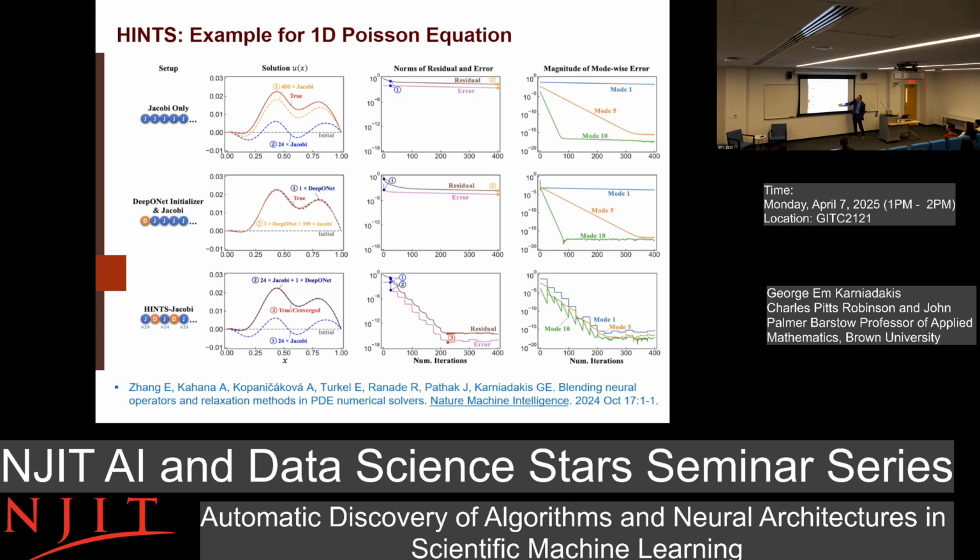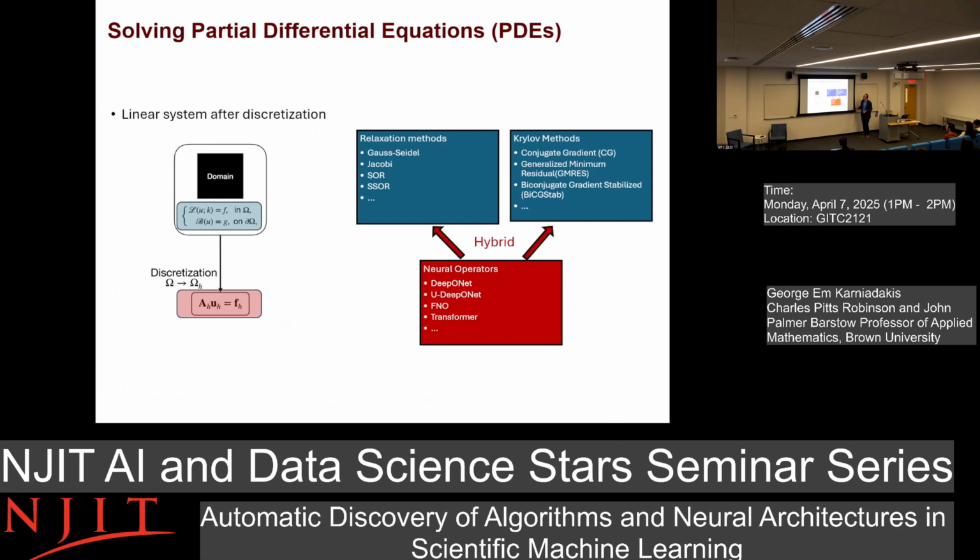If I go Jacobi, DeepONet, JD, look what happens. Okay? Very, very simple idea. I combine the spectral bias of neural networks with the Jacobi property to have something new, a meta solver.